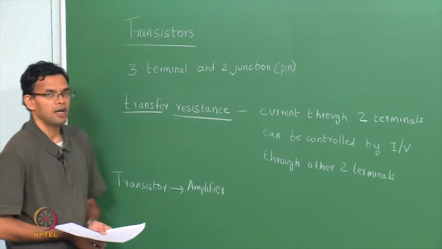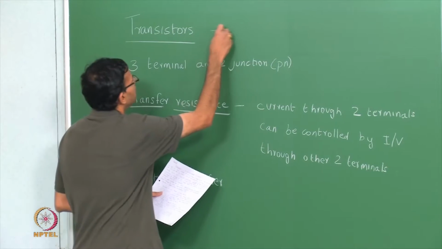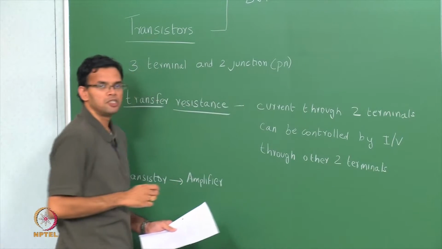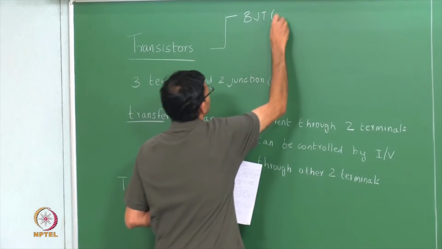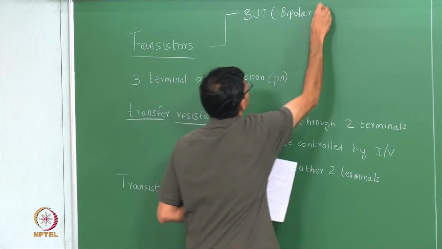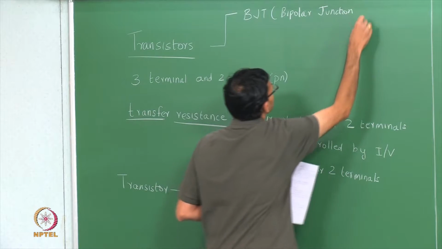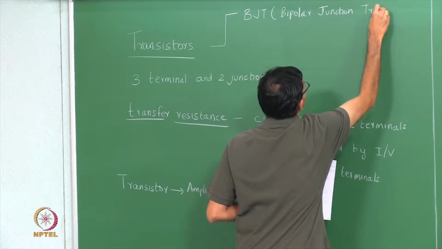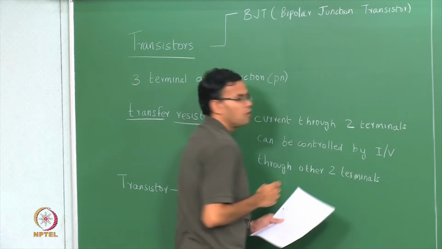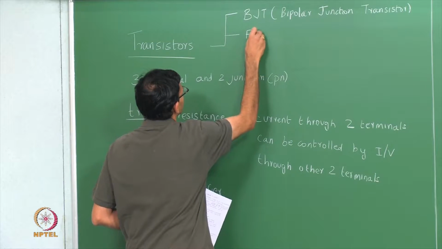So, we will first start by looking at BJT, which is your bipolar junction transistor. From there we will move on to field effect transistors.